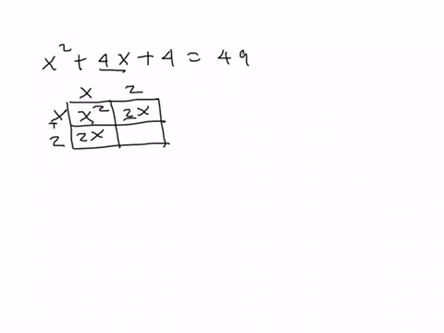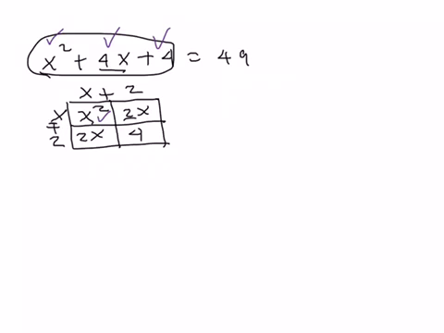And of course, those were positive 2's, because we had a positive 4x. And so finally, to fill out that last box, 2 times 2 is 4. Let's double check. x squared is taken care of. The 4x is taken care of because 2x plus 2x is 4x. And the 4 is taken care of. So absolutely, this is a nice perfect square.